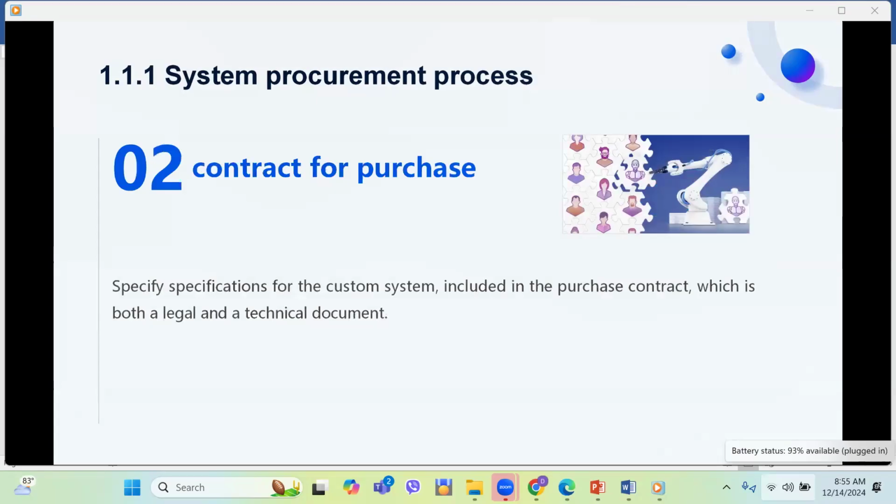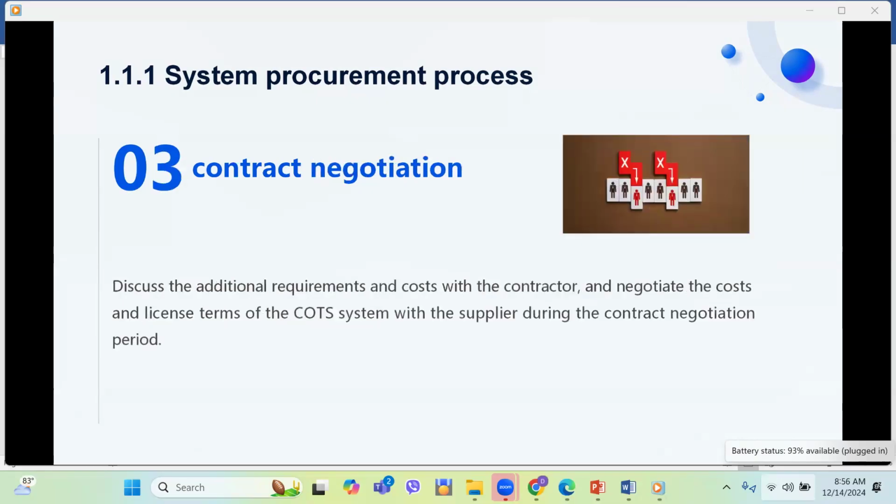Contract for purchase. Specifications for the custom system are included in the purchase contract, which is both a legal and a technical document. 3. Contract negotiation. Discuss the additional requirements and costs with the contractor, and negotiate the costs and license terms of the COTS system with the supplier during the contract negotiation period.